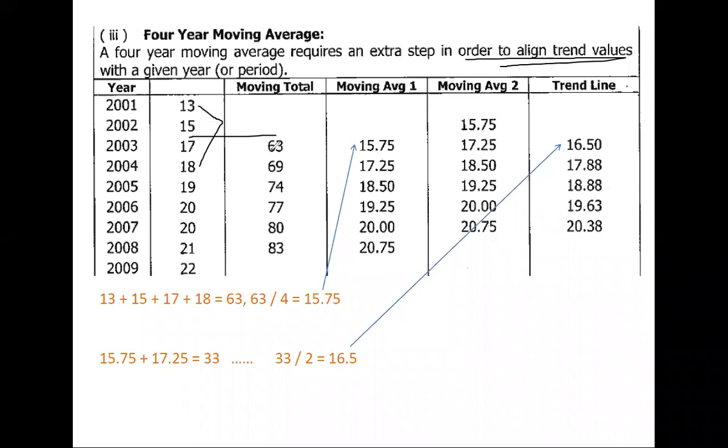So 63 should have been placed in the middle here, but it doesn't correspond to any year. You understand? So which means that ideally, this would have been 63. Then the 69 too will be in between 17 and 18. 74 is in between this. Okay, good.